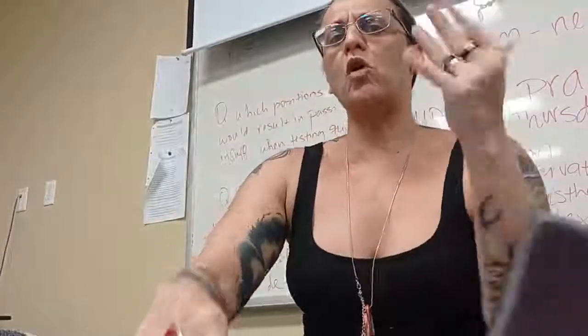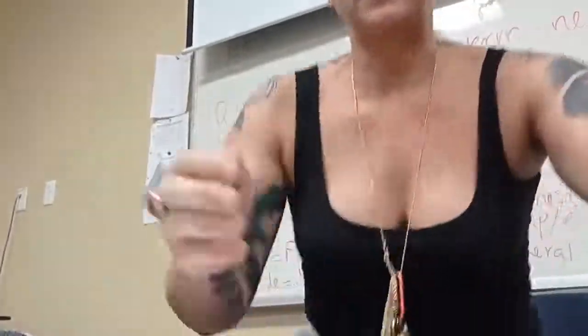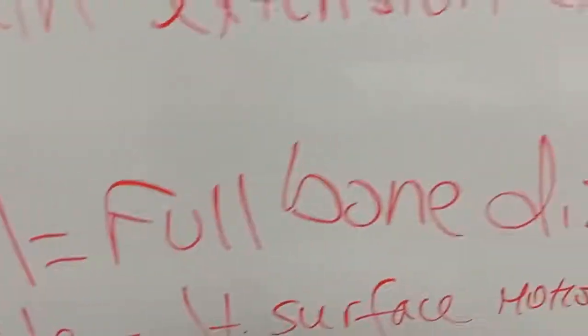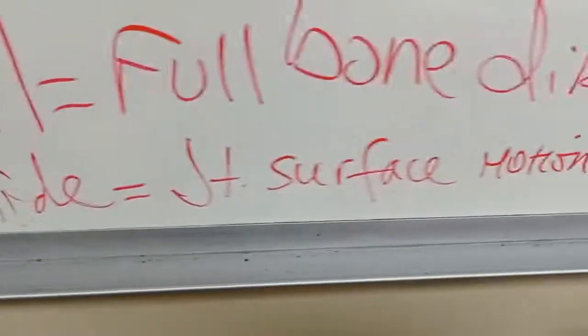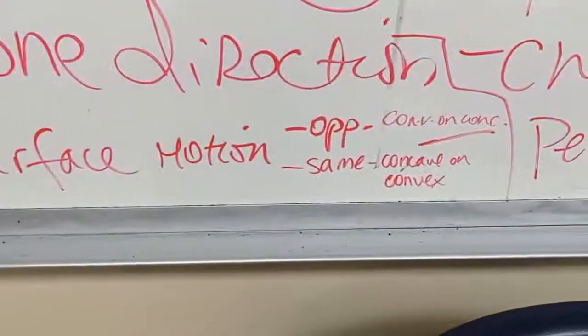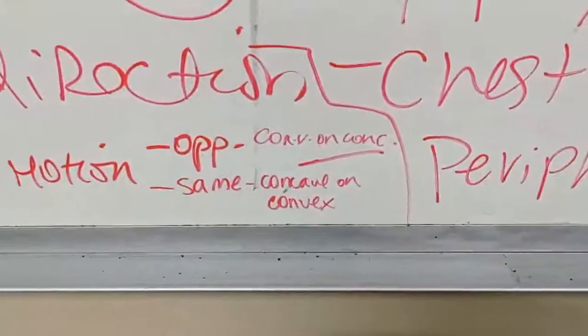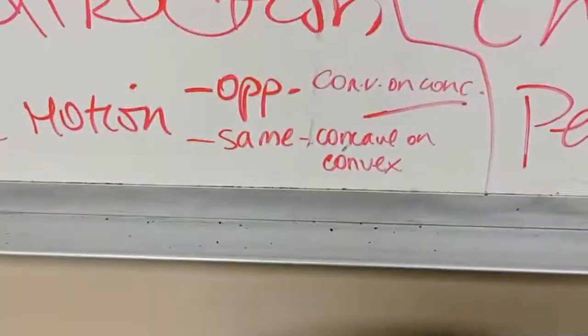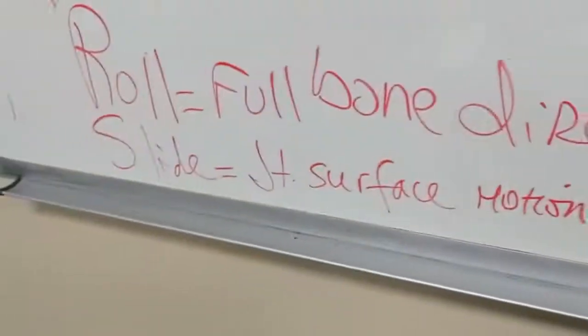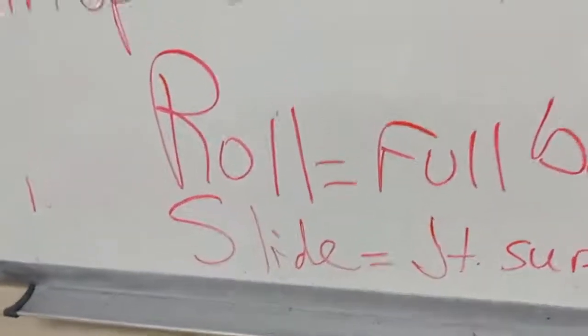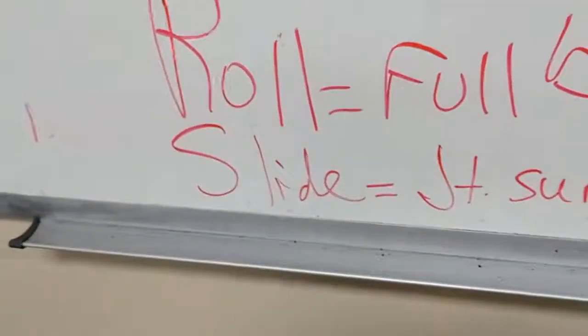So when you hear roll and slide, do this. Roll is the full bone direction. Slide is the joint surface motion. If it's convex on concave, it's opposite. If it's concave on convex, it's the same direction. We're going to elaborate on that, but I just wanted you to differentiate roll and slide.